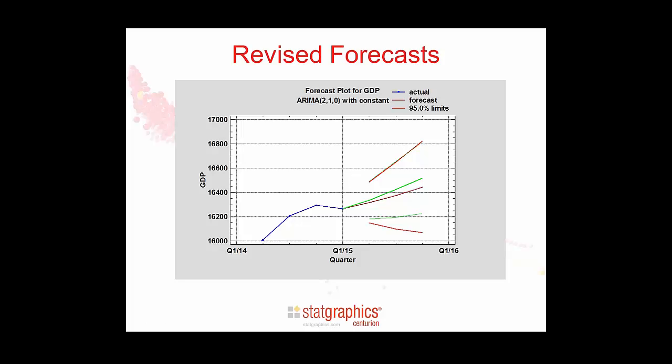We picked up some of the residual variability, so our forecast limits are tighter than they were. But it looks like, at least according to our models, that this is not the start of a new recession, that it's just a little bit of a blip on what appears to be a constant rise in GDP.